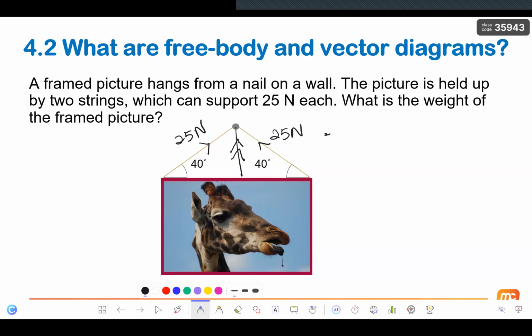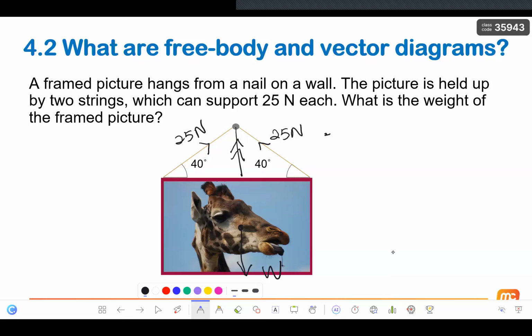Okay, this resultant force upwards will be balanced by the weight of this photo frame. The upwards force and the downwards force caused by the weight will be balanced. And that's why the picture frame will not move at all. The picture frame will be stationary.